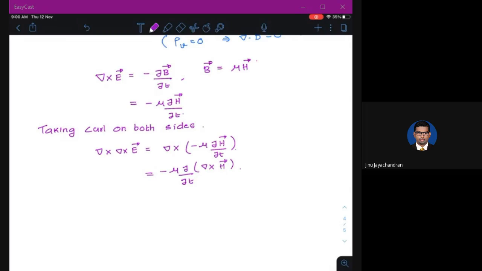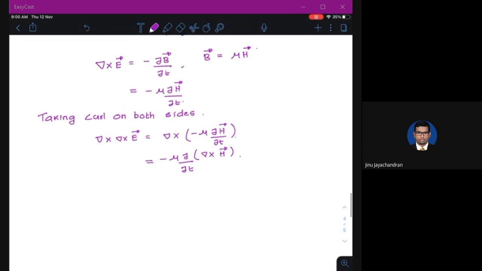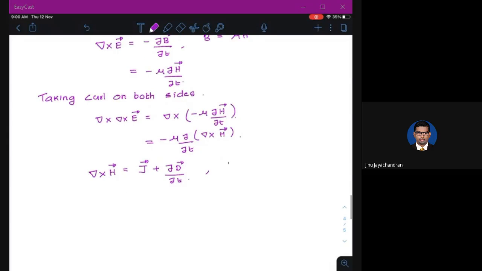Okay. And we know that del cross H is equal to J plus dou D by dou t. This is again from Maxwell's equation. Where J, I can write as sigma into E. This is from Ohm's law.